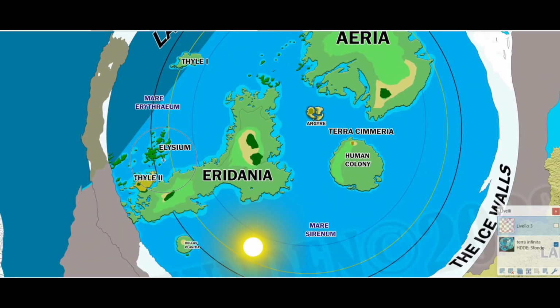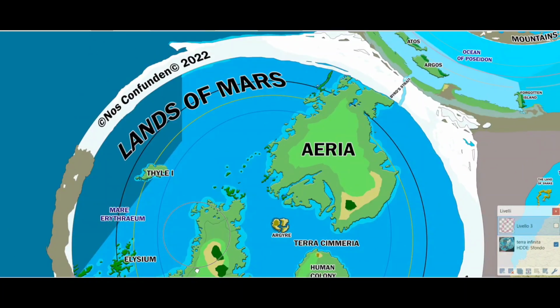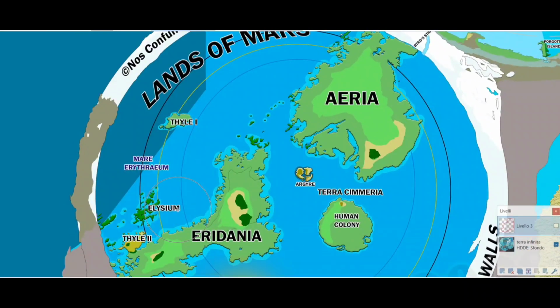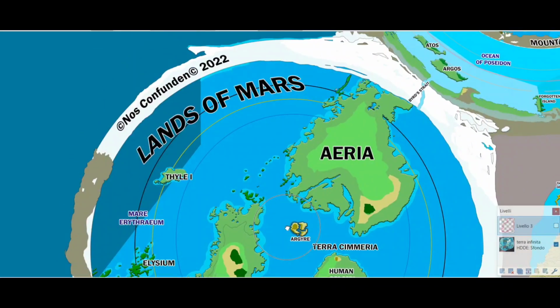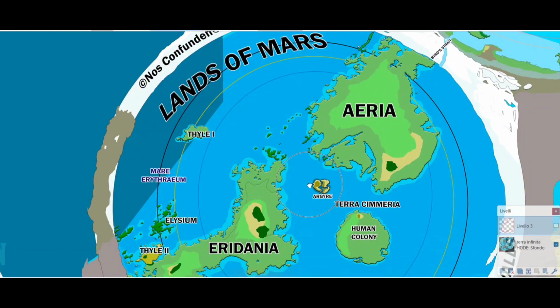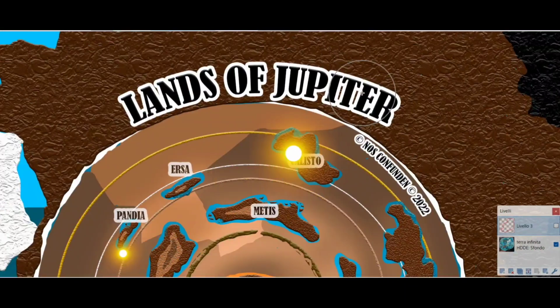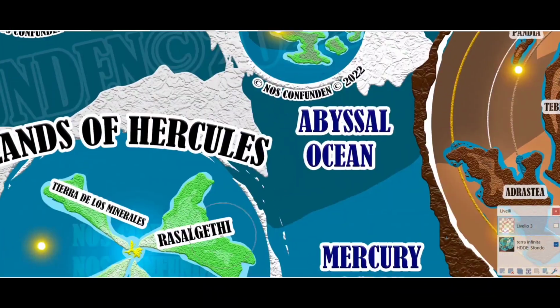And if you don't remember, Elysium is like the little heaven of the underworld in Greek mythology. So under this map, it divided the Greek afterlife into two separate places. One is like the heaven in the lands of Mars, and one is like the rest of it, which is in the lands of Hercules.